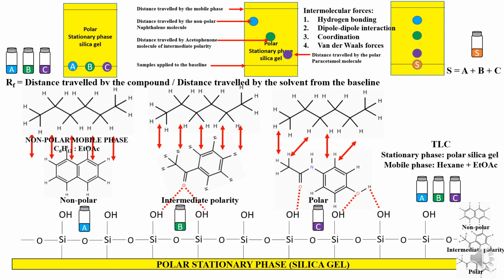They are hydrogen bonding, van der Waals forces or van der Waals attraction, dipole-dipole interaction, and rarely you will come across the coordination interaction between the component and the stationary phase.